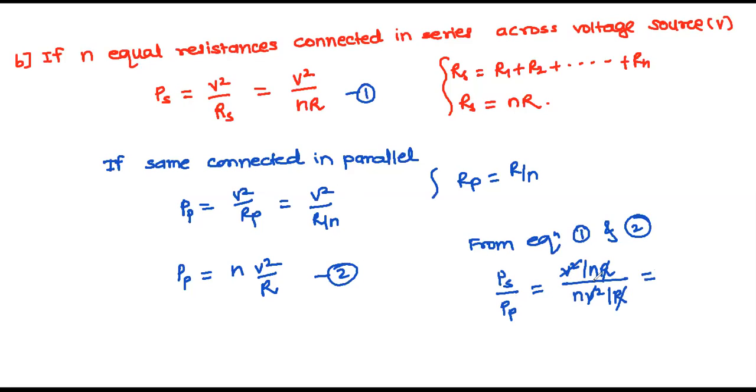And this N comes down, so you are getting 1 by N square. Therefore, can I write like this, power in parallel combination divided by power in series combination is equal to N square. If they are asking for the ratio, you can directly use this formula. But keep it in mind, N equal resistors should be connected in series and parallel. Then only you can use this direct formula for finding the ratios of power. Clear? Yes. Note down.